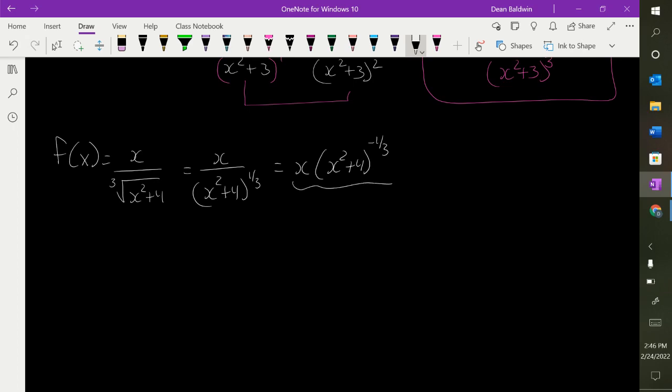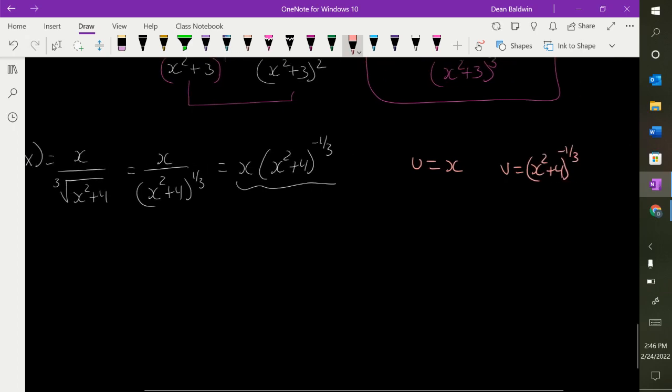Now I can use product rule on this. So again, you don't have to go off to the side and do this, but sometimes it helps. I don't usually do it, but I think it has benefits. So we're going to go u is x, and v is x squared plus 4 to the negative 1/3.